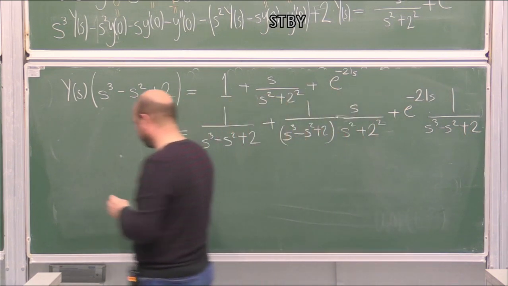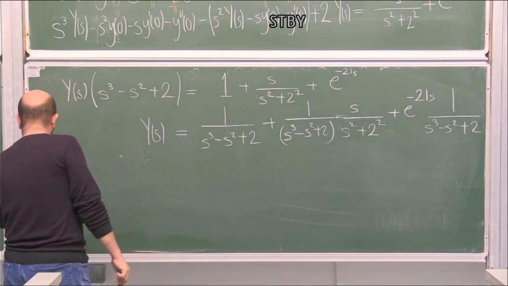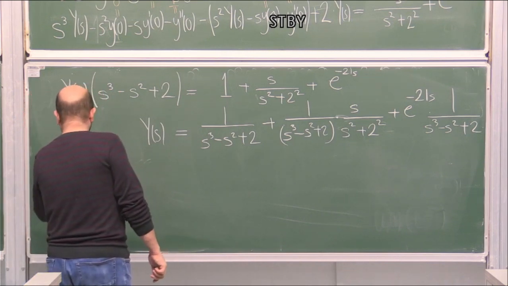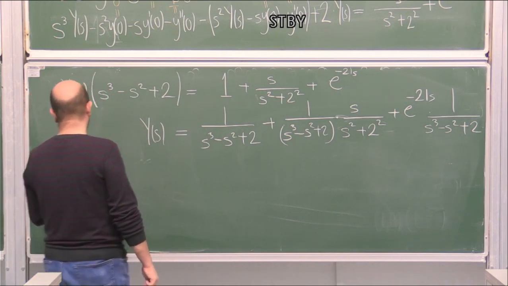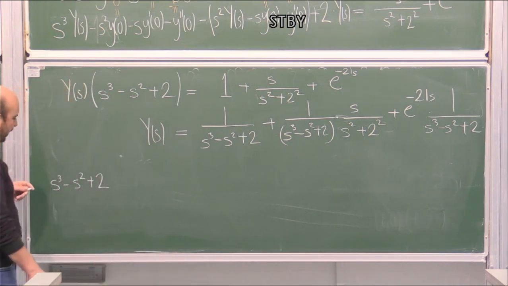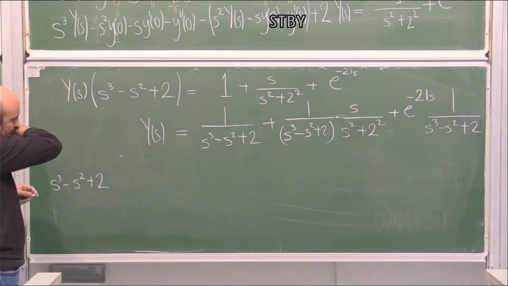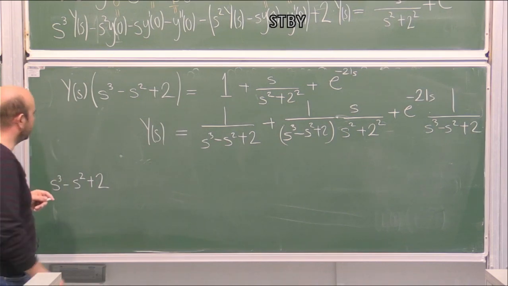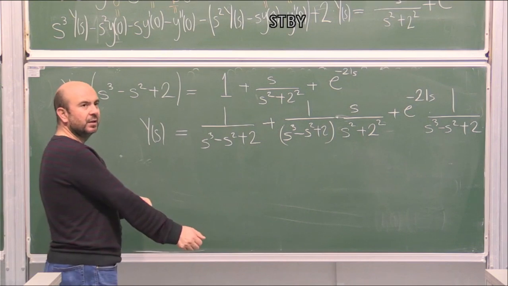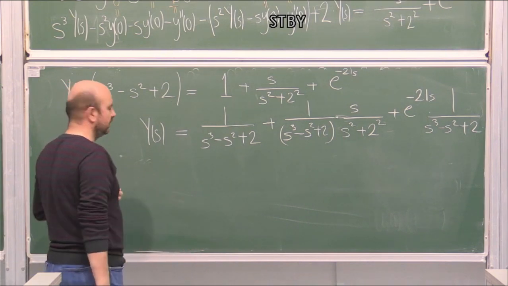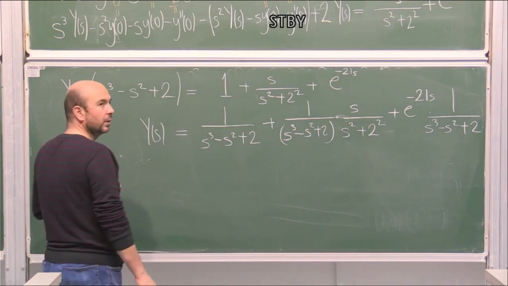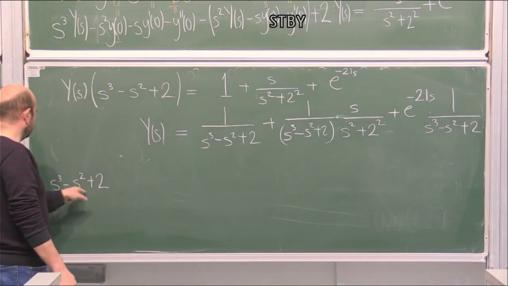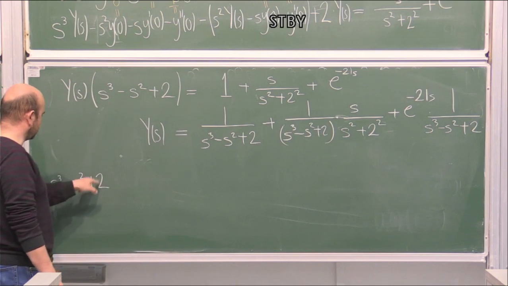So how is the factorization of s cubed minus s squared plus 2? Let's look at this one. What we can do here, if there is an integer solution to this, then it must divide 2.